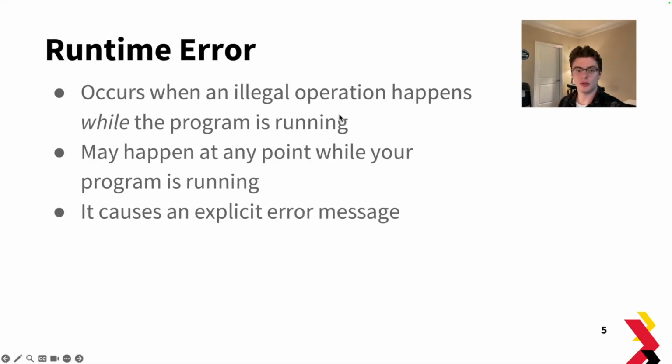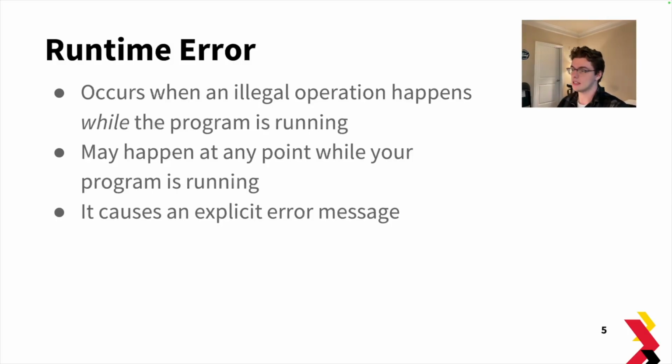Another conceptual error type is a runtime error. This occurs when an illegal operation happens while the program is still running. Basically, you're asking Python to do something that it does not know how to do or just doesn't make any sense. For example, dividing by zero. That is a classic example. You'll see it on your calculators. Actually, one of the few errors that you'll see on your calculator is if you try to divide something by zero.